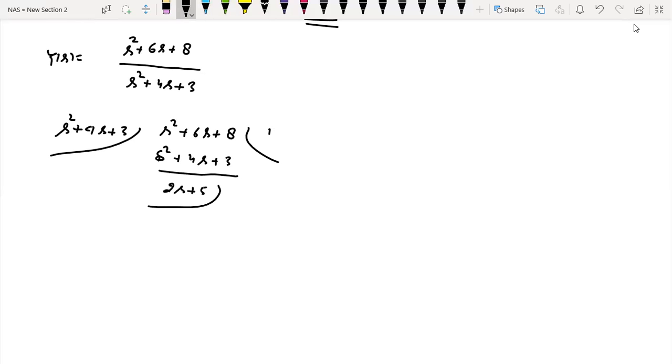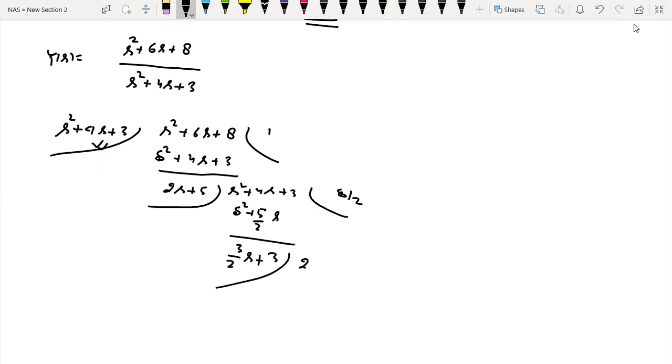Now from this remainder, divide the function. The divisor S square plus 4S plus 3 divided by 2S plus 5. So now you will get S by 2. So this is S square plus 5 by 2 S. Now when we subtract 5 by 2 from 4, this is 8 by 2 minus 5 by 2, so this is 3 by 2 S plus 3.